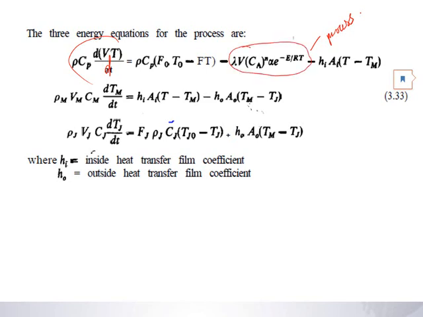This is an exothermic process, so that's why you have a minus sign there. Minus lambda V Ca, and this is the expression for K. Initially it's minus lambda V K Ca to the power of n.